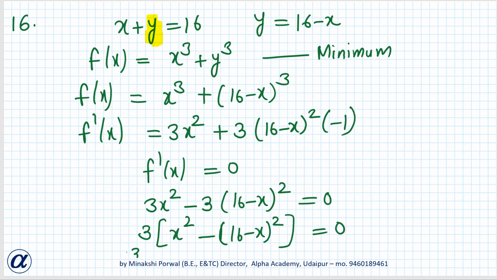So putting the identity a square minus b square equals (a minus b)(a plus b): (x minus 16 plus x)(x plus 16 minus x) equals 0. So it is 16 into 3, 48, and it is 2x minus 16 equals 0. So x will be equal to 8, 16 by 2, 8. So this is the critical point coming. We'll obtain the second derivative of the function.